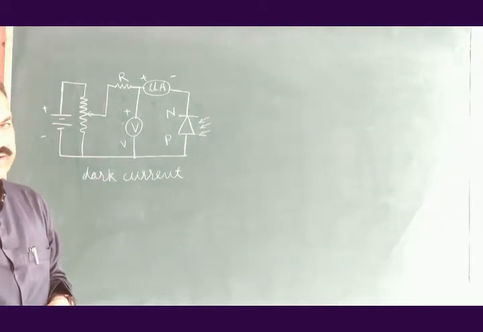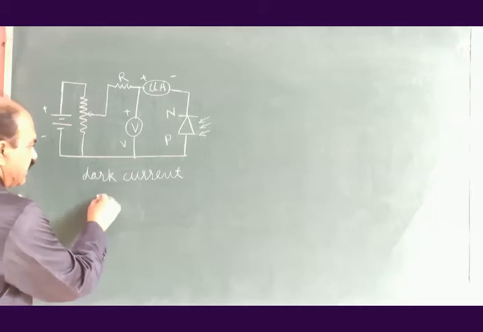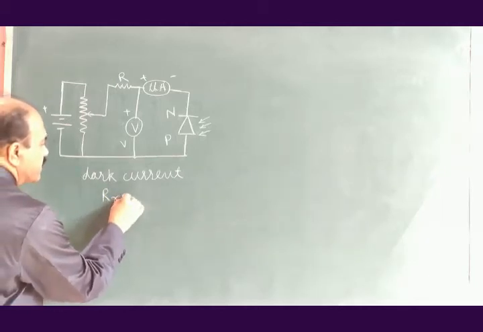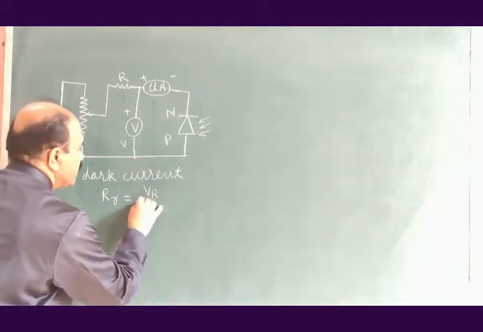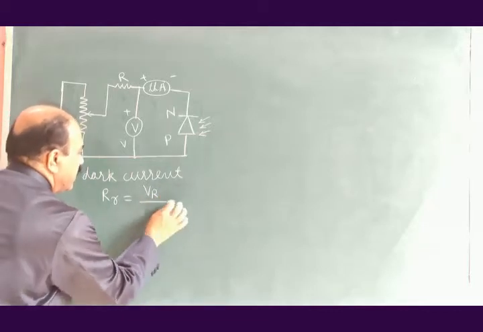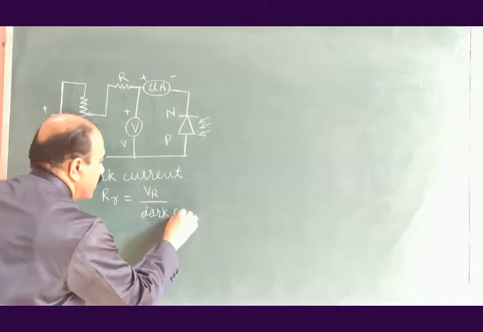That current is known as dark current. The resistance of the diode in reverse bias is the reverse voltage divided by the dark current. Instead of calling it IR, let me call this the dark current.